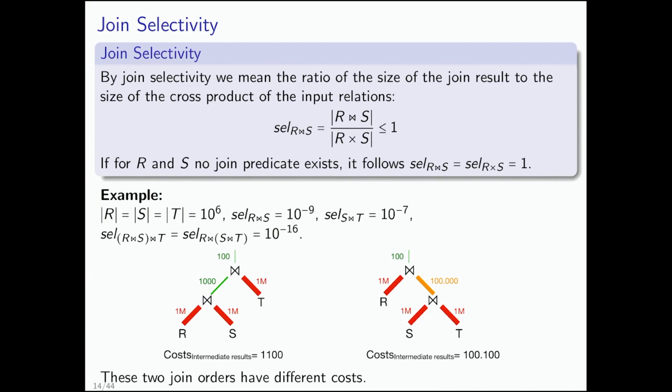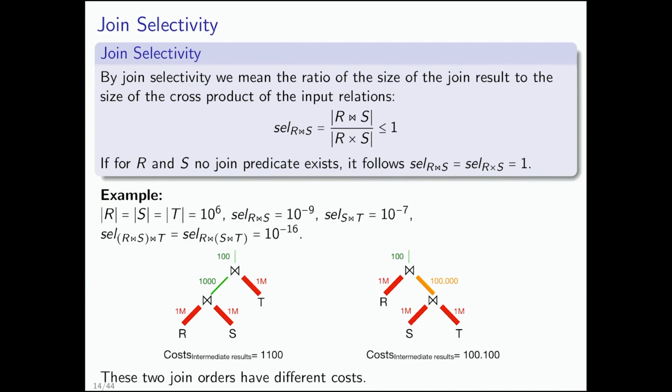However, in contrast, you see here the join of S and T with the same input sizes. It's not that selective. So 100,000 tuples are produced as the intermediate result. So the size of the intermediate result is higher.